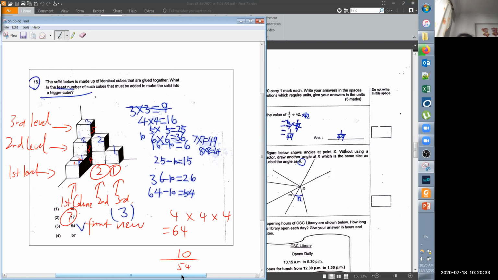Then why did you circle it? Or what the question wants you to do is, yeah, that's the least number because they are glued together. They are already connected, you can't take them apart.